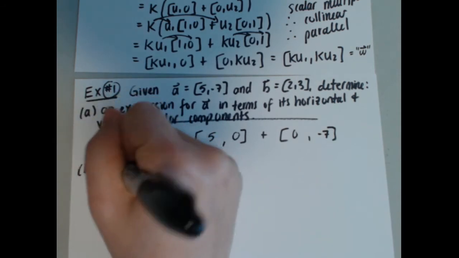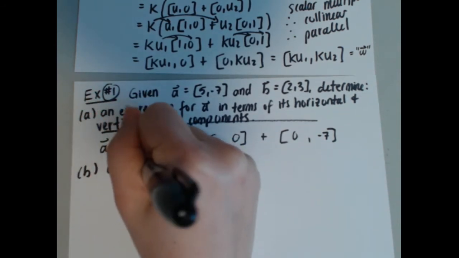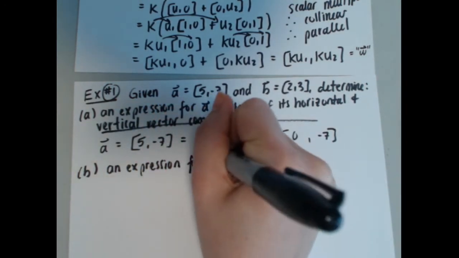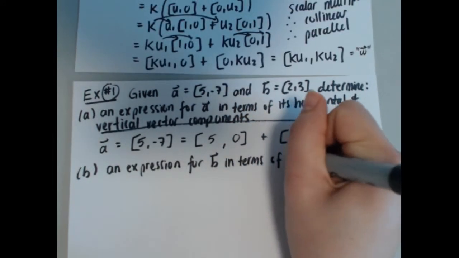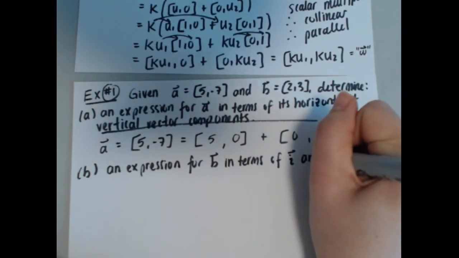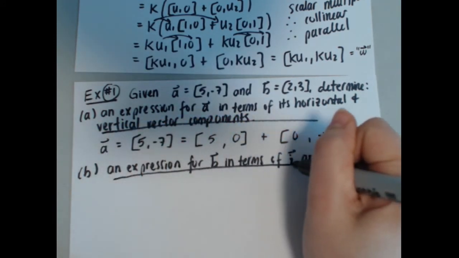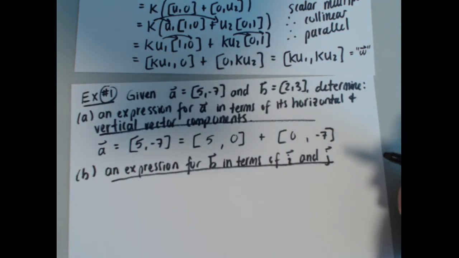For part B, determine an expression for vector B in terms of i and j. And by the way, if you want to try this problem, just pause the video, try it, and then you can play it and see if you're doing it properly.